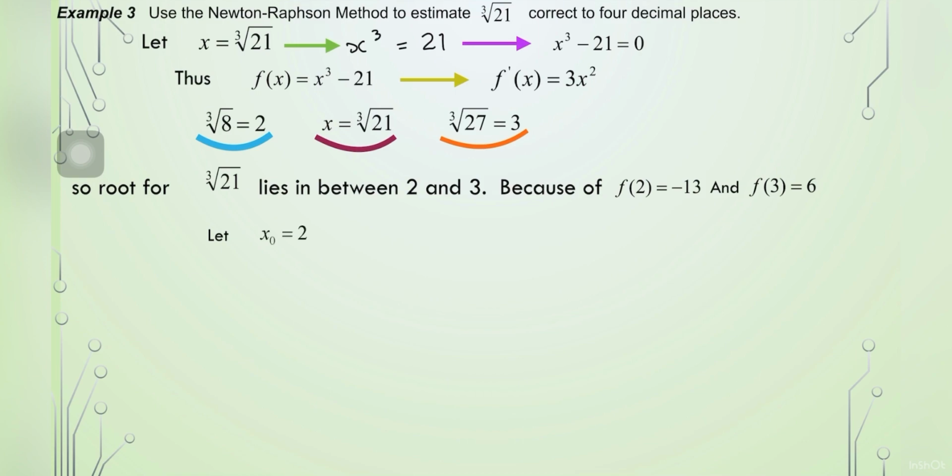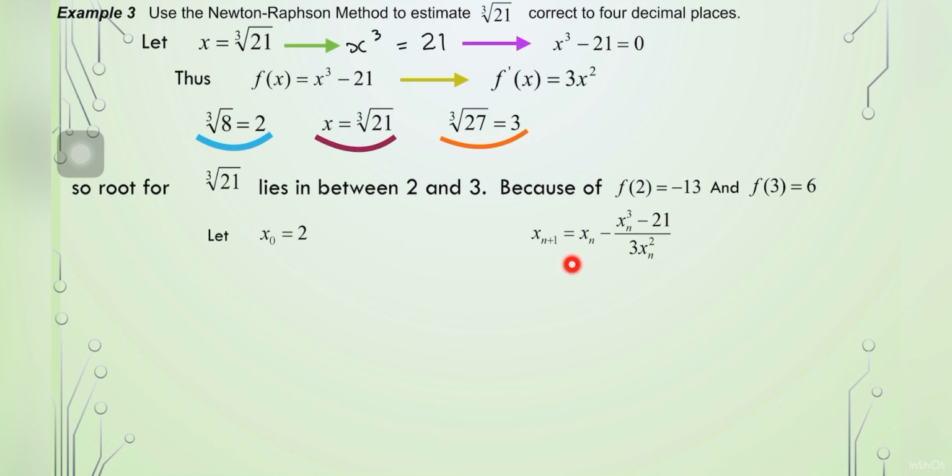So now we can let x0, the first approximation, equal 2. You can take any value from 2 until 3. And this is the formula for the cube root of 21 using the Newton-Raphson method.